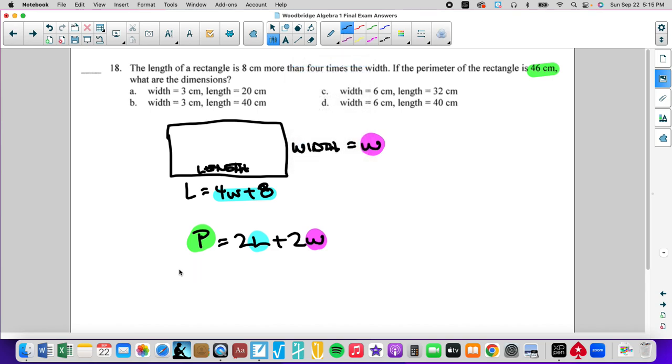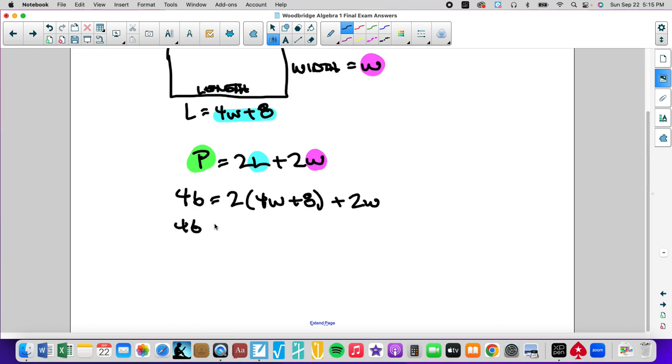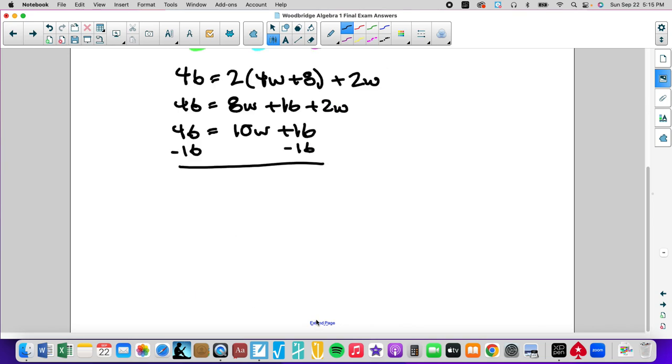So 46 equals 2 times the length, which is 4W plus 8, plus 2W, and let's simplify. 46 equals 8W plus 16 plus 2W. Simplify both sides first. 10W plus 16. Let's minus 16. 30 equals 10W. Divide by 10. 3 equals W.